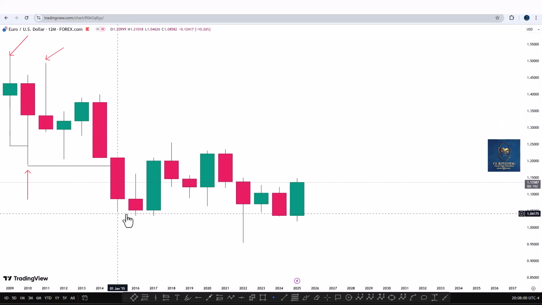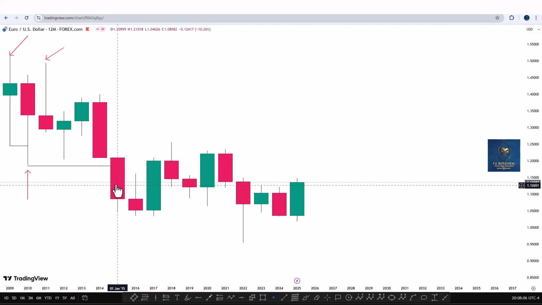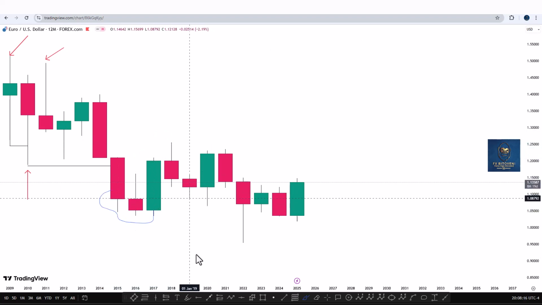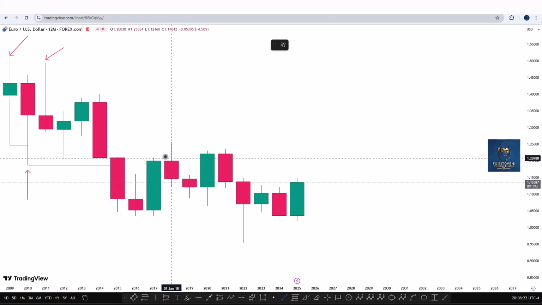So what else? The game is to understand when we are changing from here to go here, when we are changing from here to go down. That's the main purpose. Now we are going up to remove imbalance.